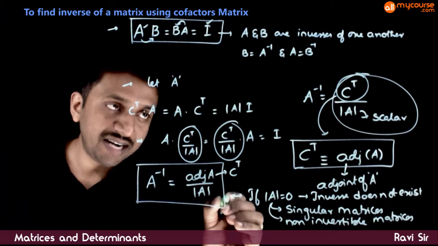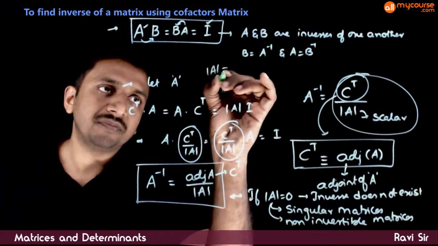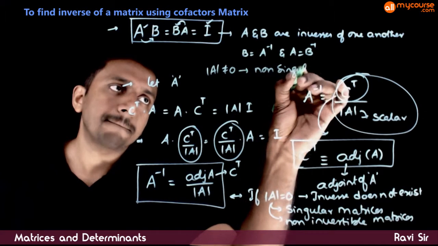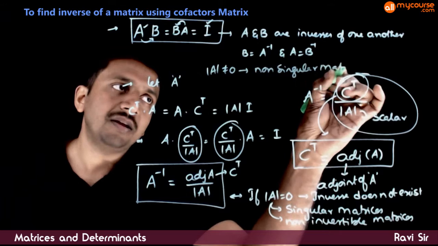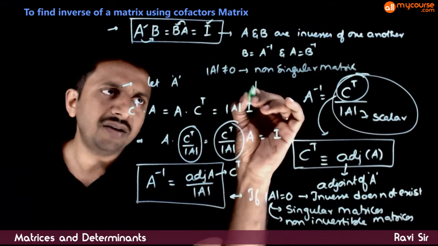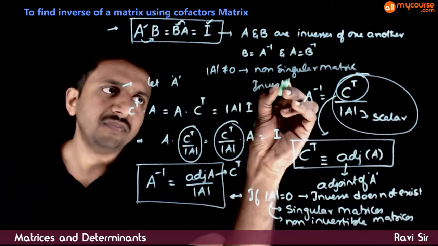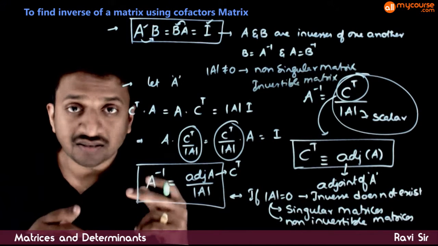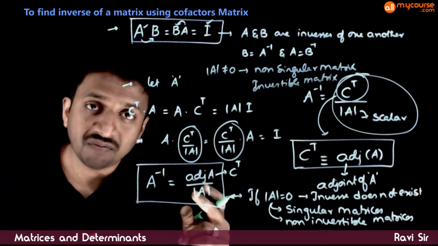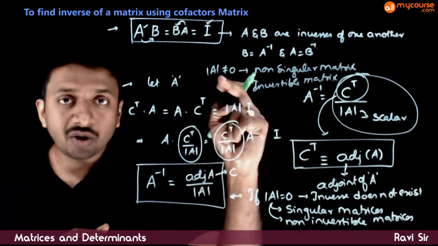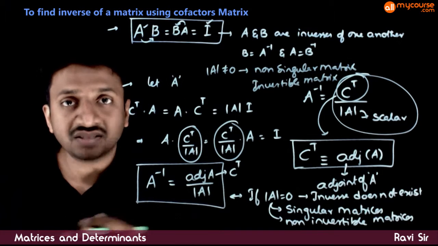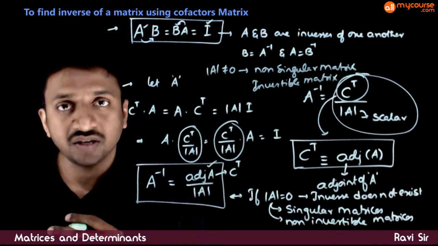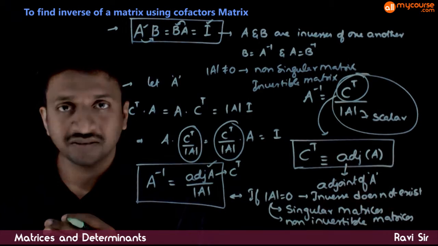And if det A is not equal to 0, we call it a non-singular matrix, or invertible matrix. So if det A is equal to 0, inverse does not exist. If det A is not equal to 0, then inverse exists. And this is the method to find the inverse of a given matrix.